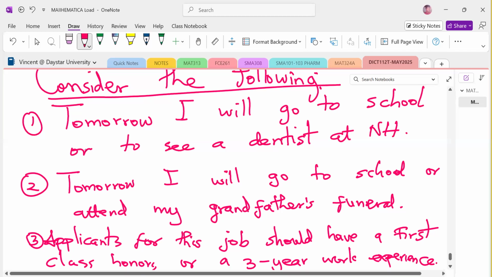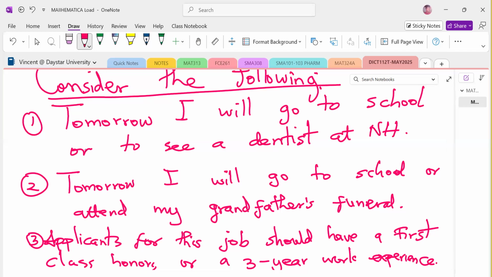When tomorrow comes, is it possible for this person to go to school and at the same time attend the grandfather's funeral? From the framing of the statement, is it possible for this person to be at school and also attend the funeral? So this person is not allowed to do both activities on the same day.